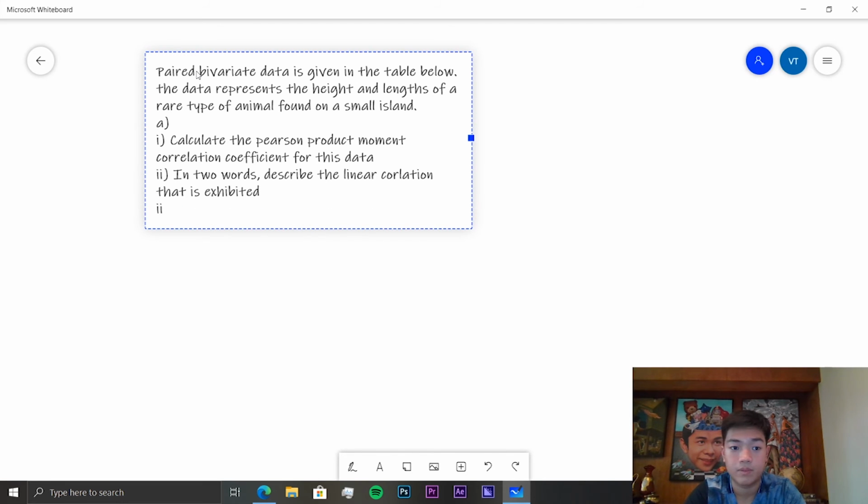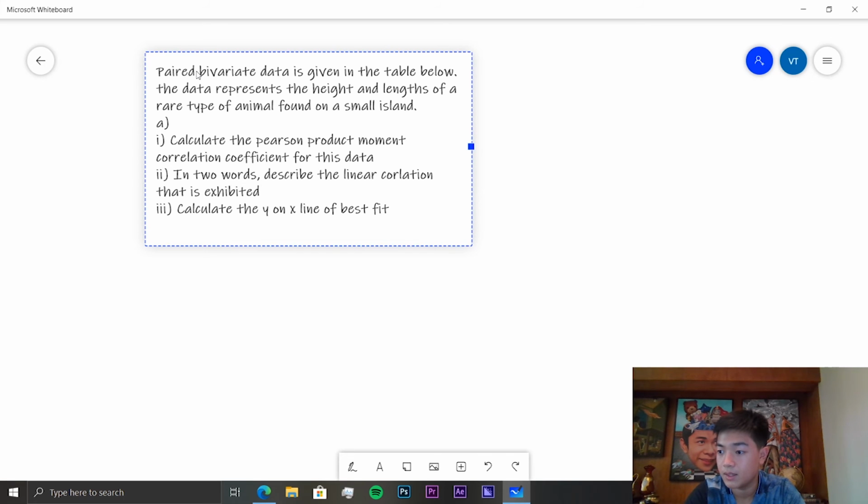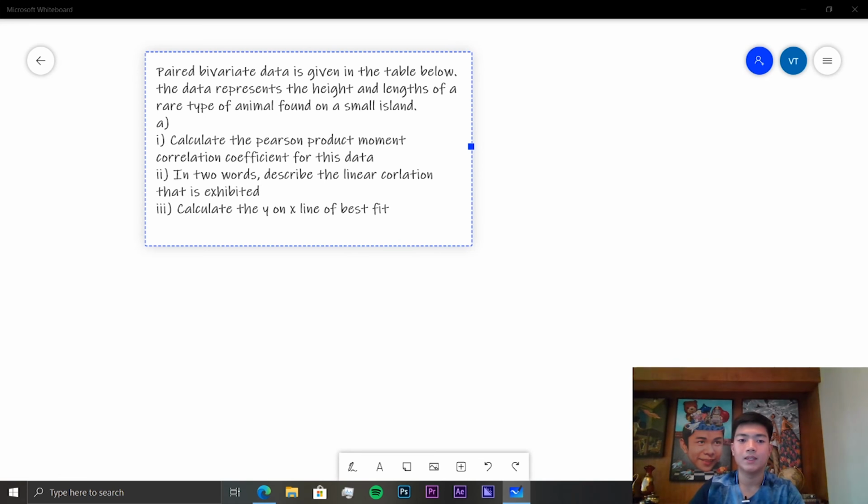And third, calculate the y on x line of best fit. Okay, quite a tall order. So first we need to calculate the Pearson product moment coefficient, and we can do that by using the formula.